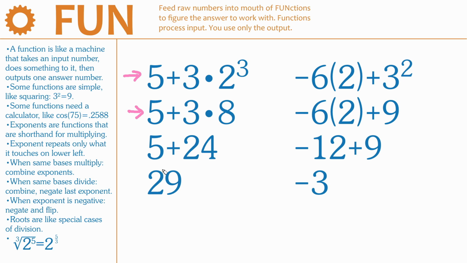Now I'm on this step, and mud comes before colt. So I have to do this times right here before I do my combining. So 5 plus 24. Now my last step will always be combine whatever numbers I have left. 5 plus 24 is 29. So in, fun, mud, colt.